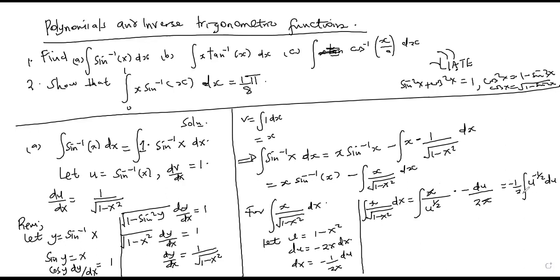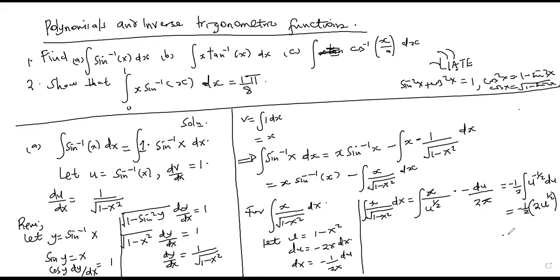Now, when you integrate here, we increase the power by 1 and divide by the new power. It's going to be negative a half times, when you increase the power by 1, negative a half plus 1, it will be power a half. Then we divide by the new power, which is a half, which will be 2u to the power a half, plus a constant of integration.